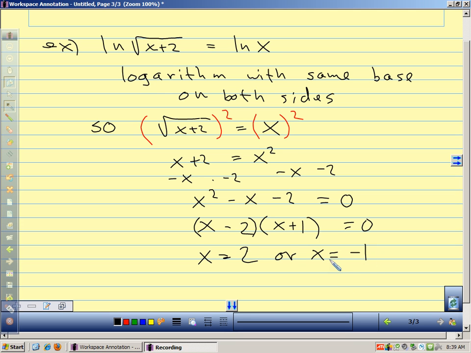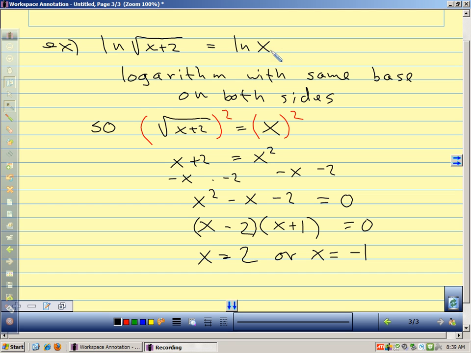And we remember that we have to check our solutions. So if I plug in x equals 2, this tells me that the natural log of the square root of 4 equals the natural log of 2. That makes sense. If I plug in negative 1, I get the natural log of the square root of negative 1 plus 2, which is just 1, equals the natural log of negative 1.